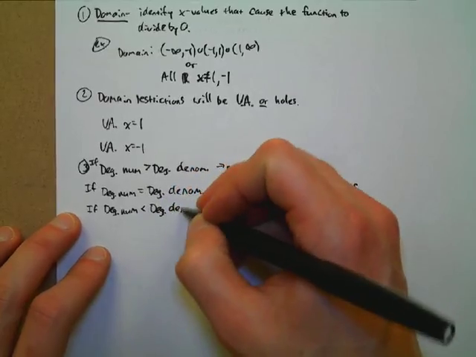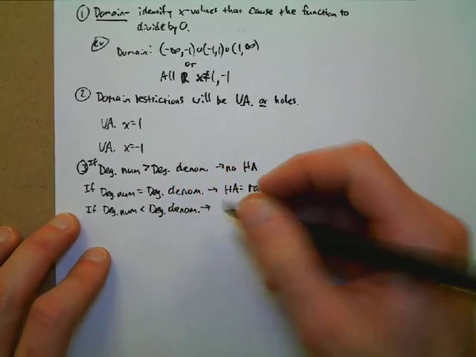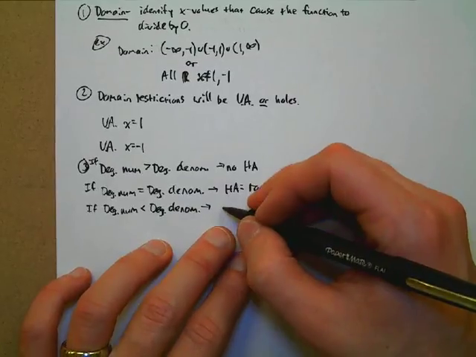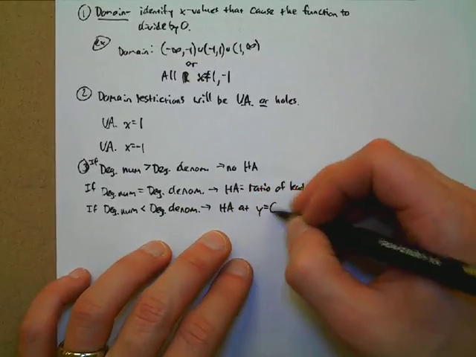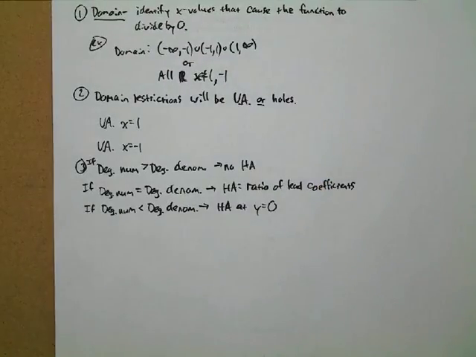Okay. So there's basically two situations where you will have a horizontal asymptote: if the degree of the numerator is smaller than the degree of the denominator, or if it is equal to the degree of the denominator.